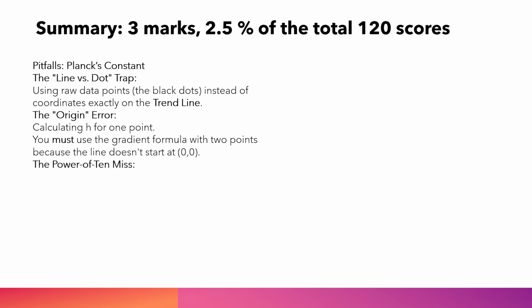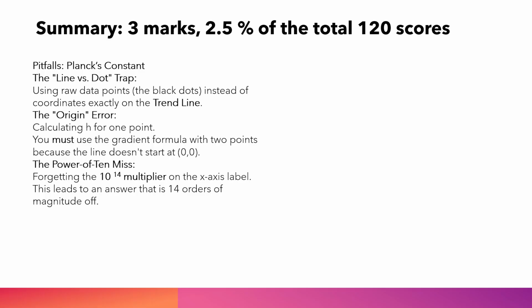The power of 10 miss. Forgetting the 10 to the power of 14 multiplier on the x-axis label. This leads to an answer that is 14 orders of magnitude off. The unit slip. Failing to state units as eV seconds, as indicated by the y-axis in eV.